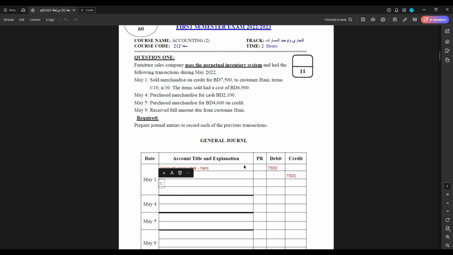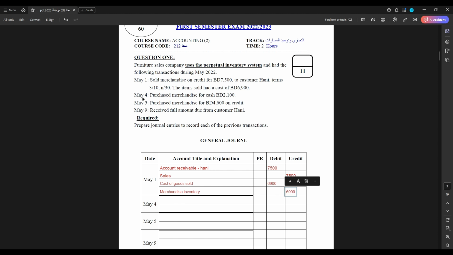We will write cost of goods sold debit 6,900, and merchandise inventory, because we are using perpetual inventory, we will write merchandise inventory credit 6,900.